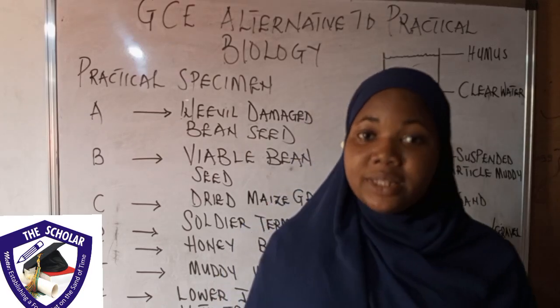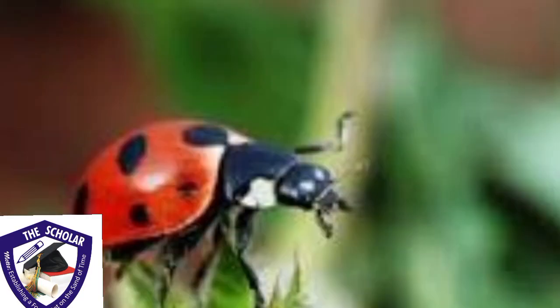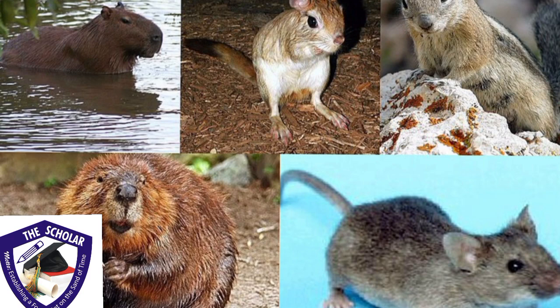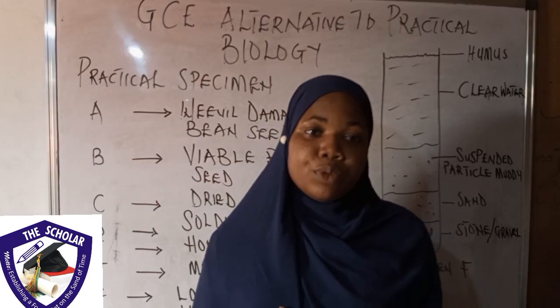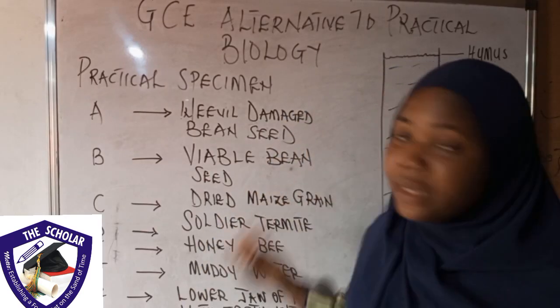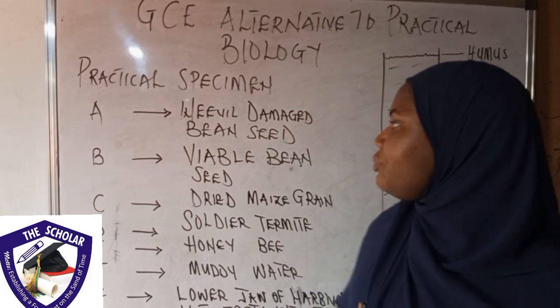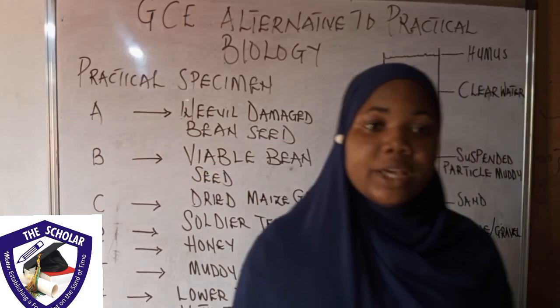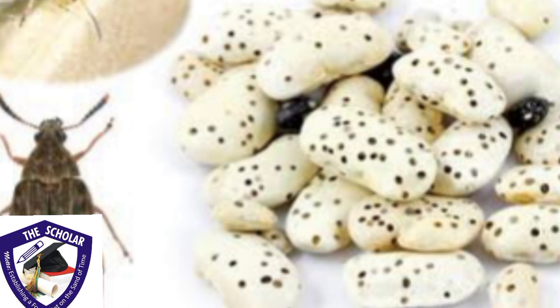We have birds, beetles, and also rodents. All these organisms are also responsible for bean seed damage. Now, specimen A is a weevil damaged bean seed.